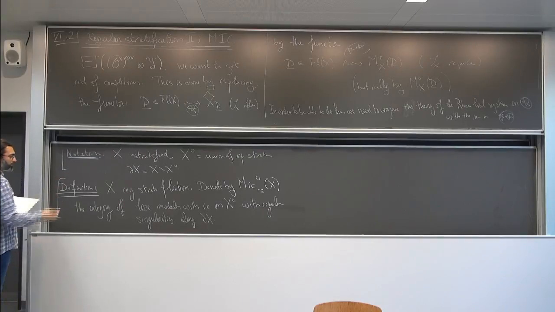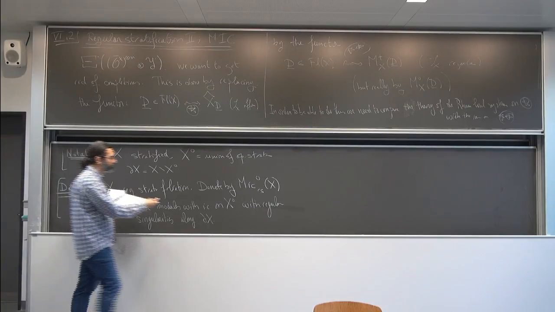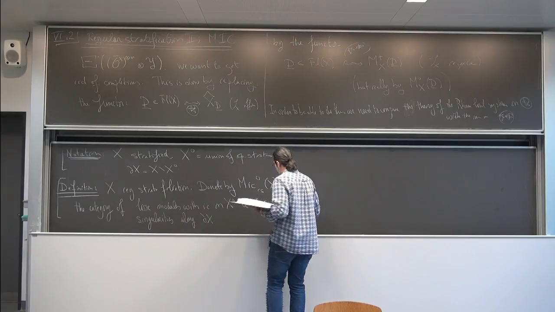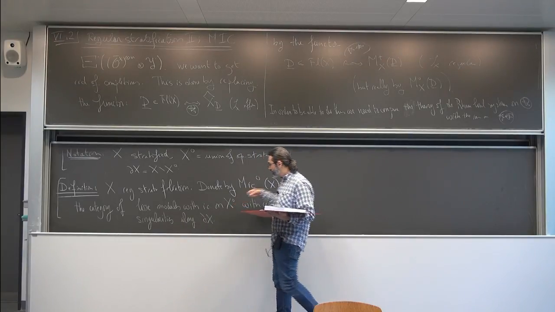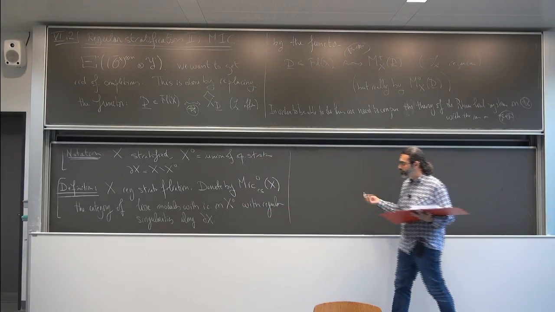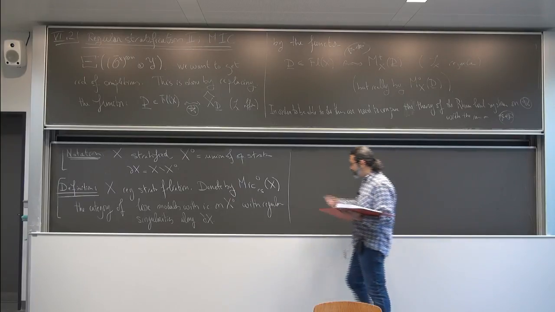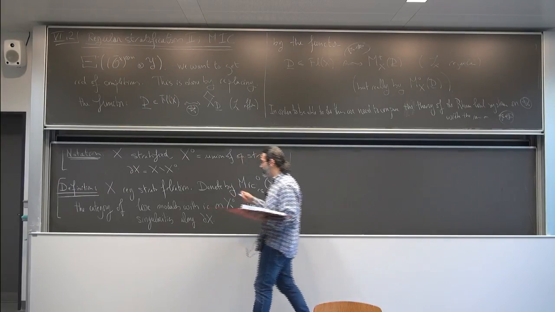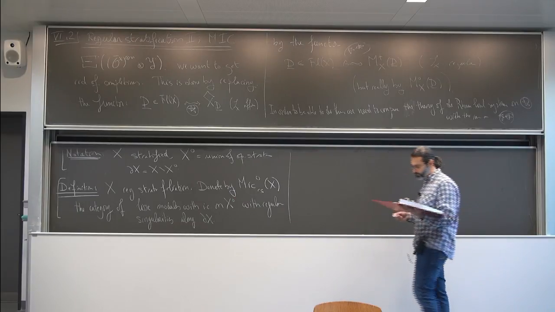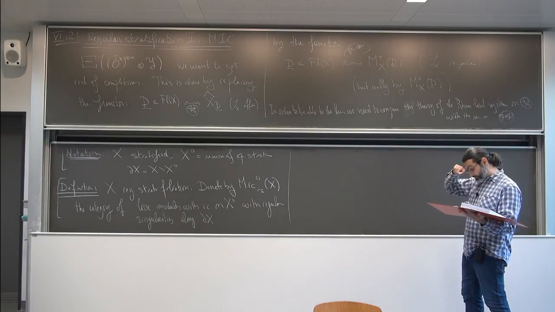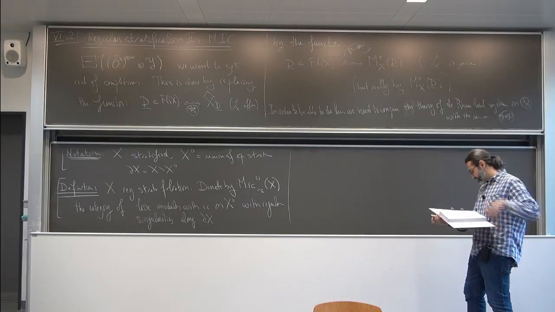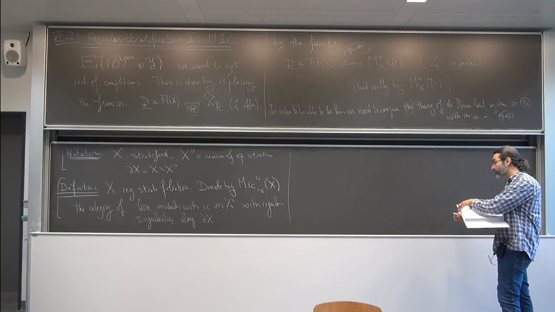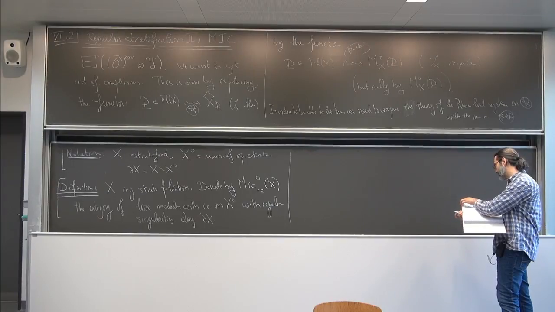An object here will be a module over X0, and as an O_X0-module, it will be locally free of finite rank. There is a condition that on the boundary, the singularities are nice, called regular singular. Maybe I say a couple of words about what this means, since I have time.